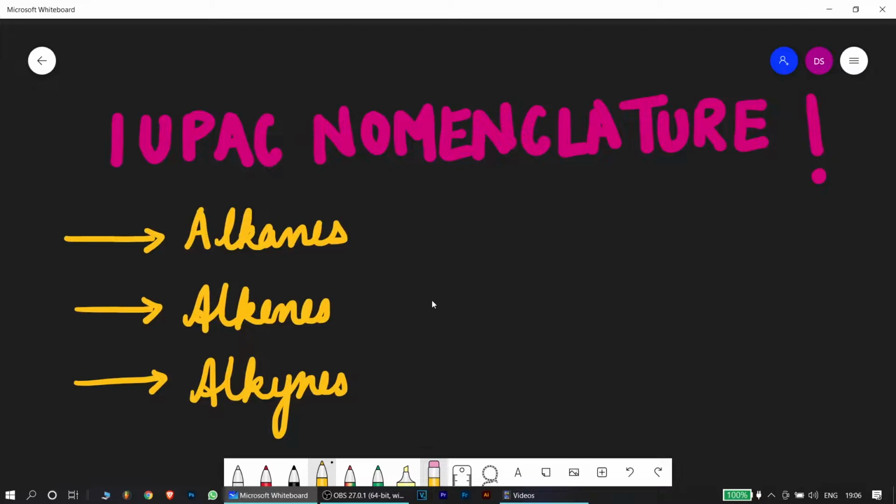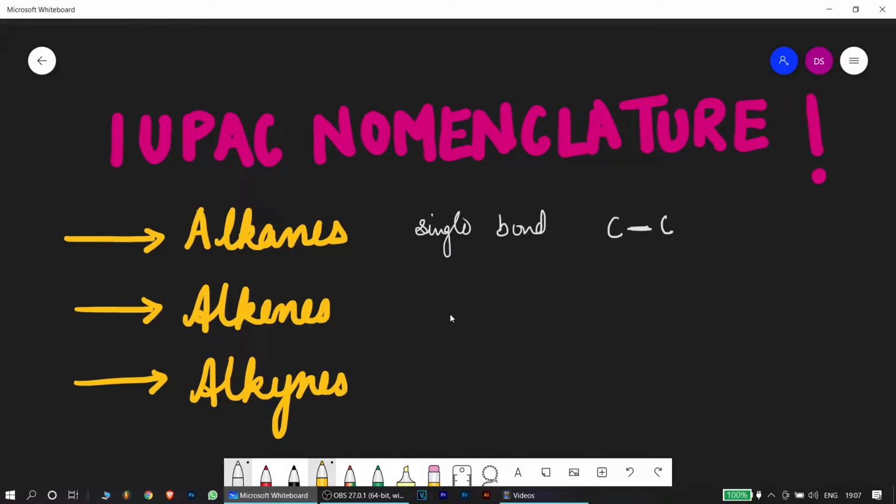Coming to the nomenclature of alkanes, alkenes and alkynes in general. Now if we talk about how do we identify the alkanes, alkenes and alkynes. So alkanes are the saturated carbon compounds or saturated hydrocarbons having single bonds between the carbon atoms, right? That means two carbons are joined together by a single bond between them.